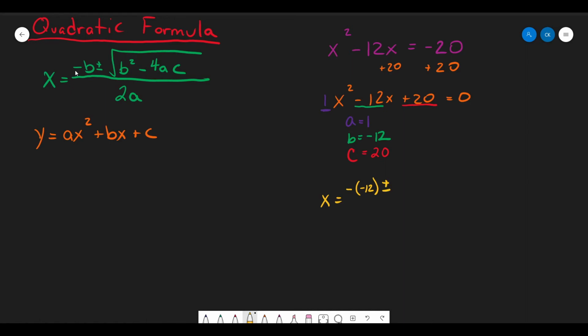I'll talk about that in 1 second if you're confused about the plus or minus. The square root of b squared, remember b is negative 12, so it's negative 12 squared minus 4 times 1 times 20. And then that all gets put over 2 times 1.